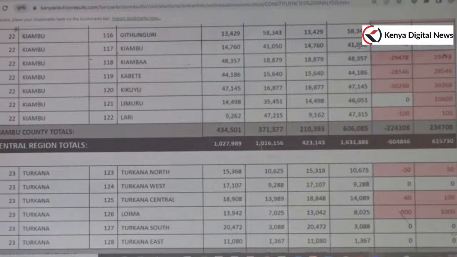I will show you where they all came from. And here he lost a total of 604,000 votes, and Dr. Ruto gained 615,000 votes from Central Province.